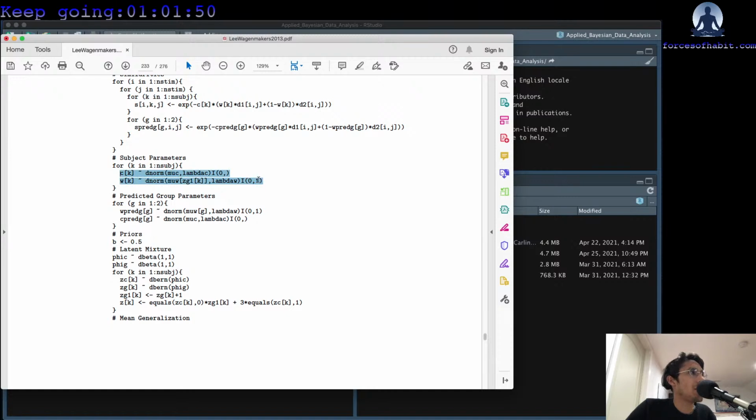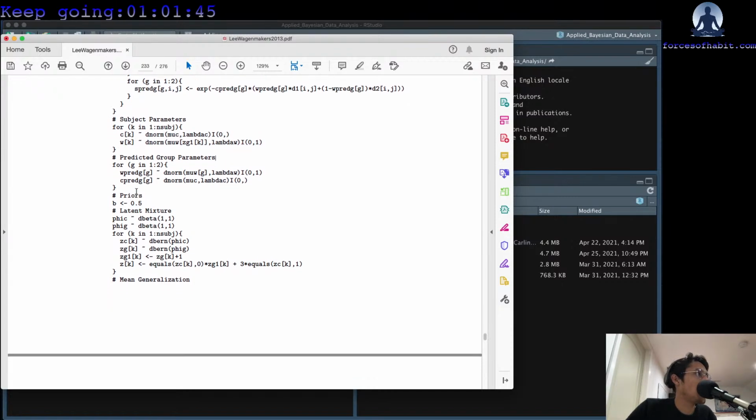So for each subject, we'll have these normally distributed. And then for each grouping, we'll have these. And then the latent mixtures, so the things that give us the indicators, normally distributed uninformative priors for each subject.